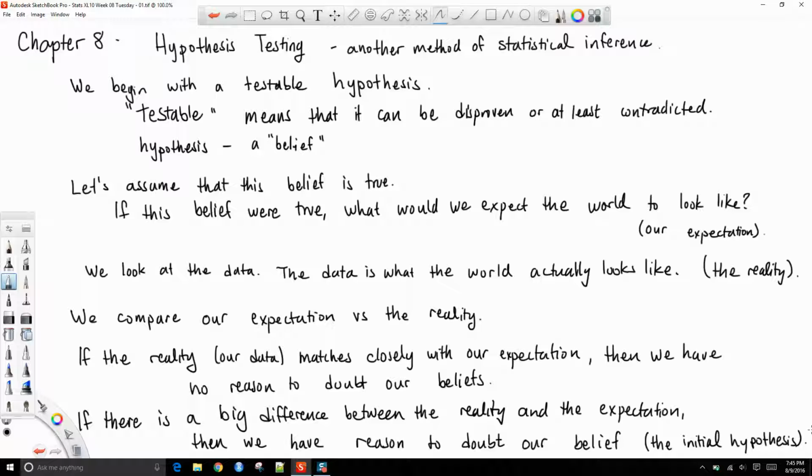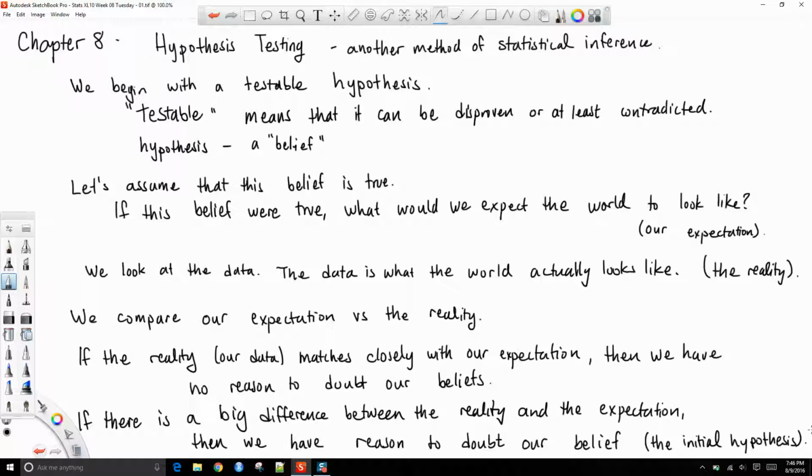Okay, all right. On the other hand, maybe we meet someone else and we also start off with the initial belief, this person is a good guy, this person's a trustworthy person, okay? But then as time goes on, we observe this person and we see this person lie, cheat, or steal, or do things like that. Then we say, well, if this person were a good person, my expectation of his behavior is not lining up with the reality of the behavior, okay?